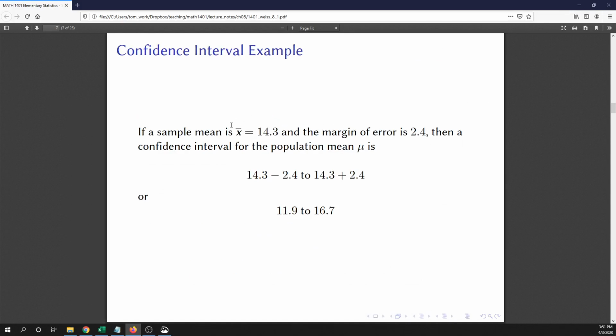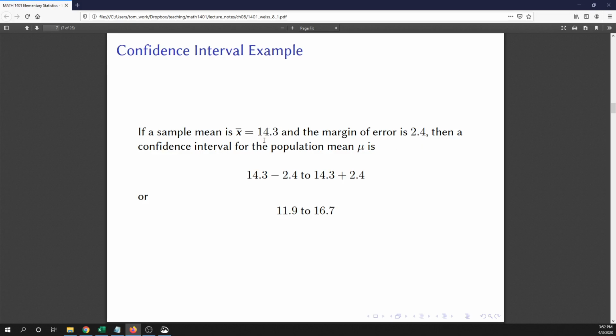All right, so in this example, let's say I am estimating a population mean mu, and I take a sample, I calculate the sample mean to be 14.3. All right, and then I calculate the margin of error to be 2.4. Again, I haven't shown you how to do that yet. But if I have the sample mean and the margin of error, then it's really easy to find the lower and upper limit for the confidence interval, right?